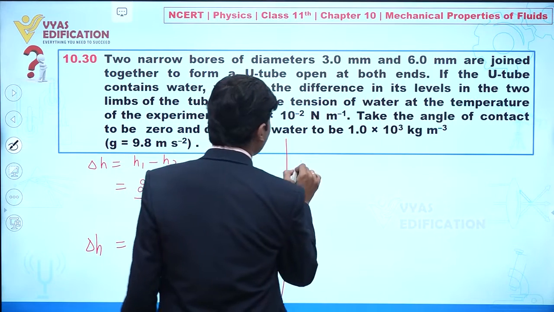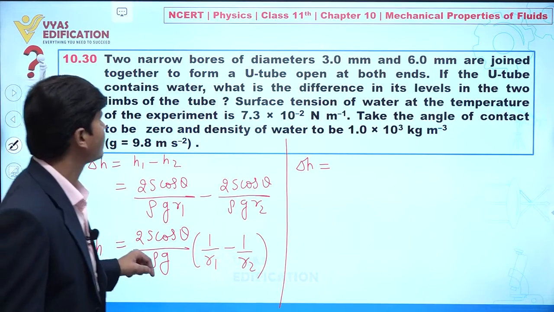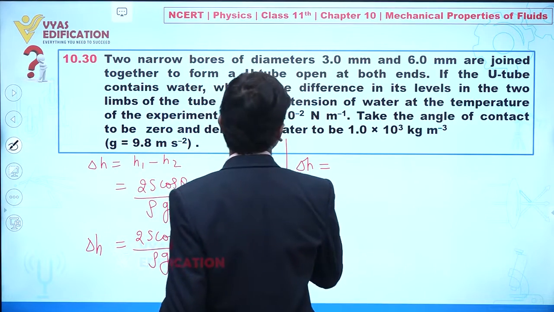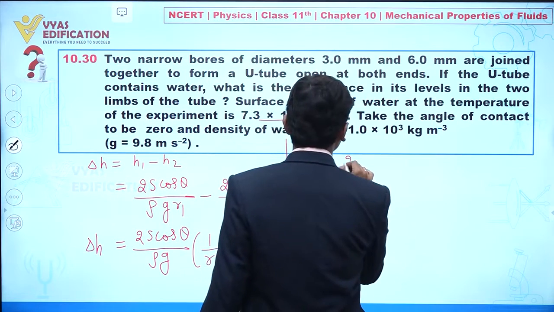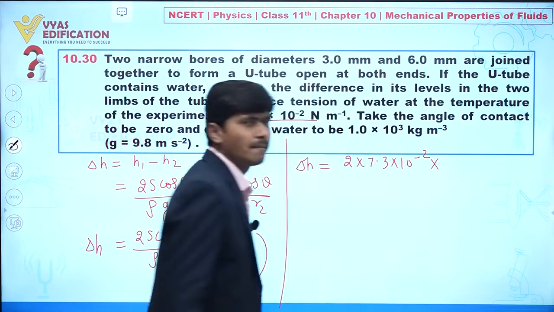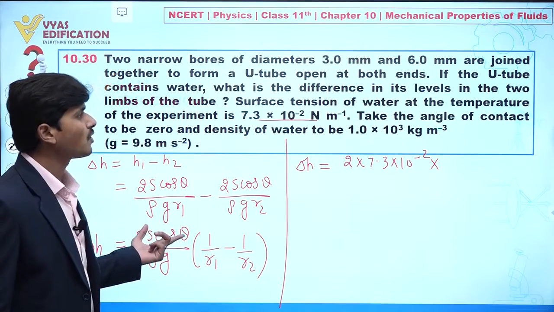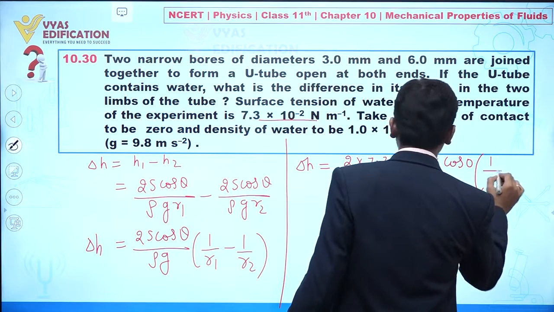So now we can write delta h equals 2S cos theta. S value is given to you, the surface tension. So we can say 2 into 7.3 into 10 to the power minus 2, multiplied with cos of the angle of contact, which is given to you as 0, so I can take this as 1. Then 1 upon r1.